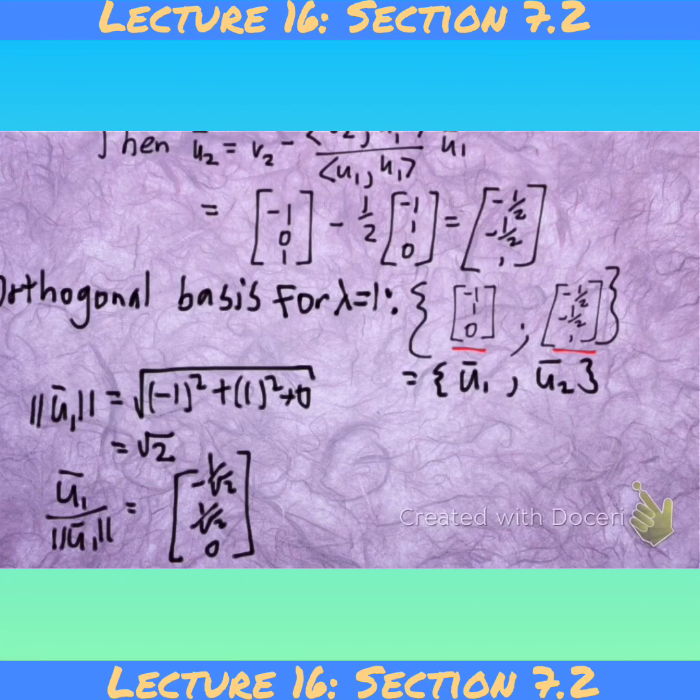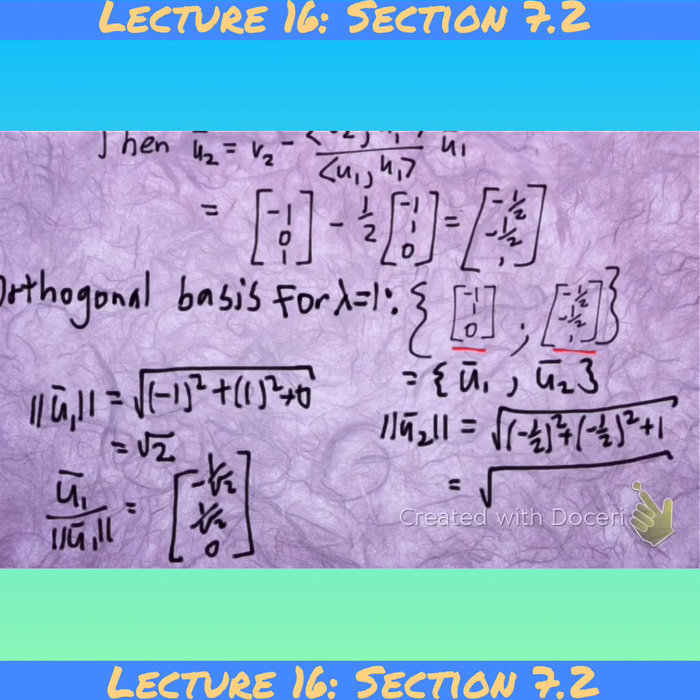Okay, and the norm of u2 is going to be the square root of minus a half squared plus minus a half squared plus 1, which is going to be a quarter plus a quarter plus 1.